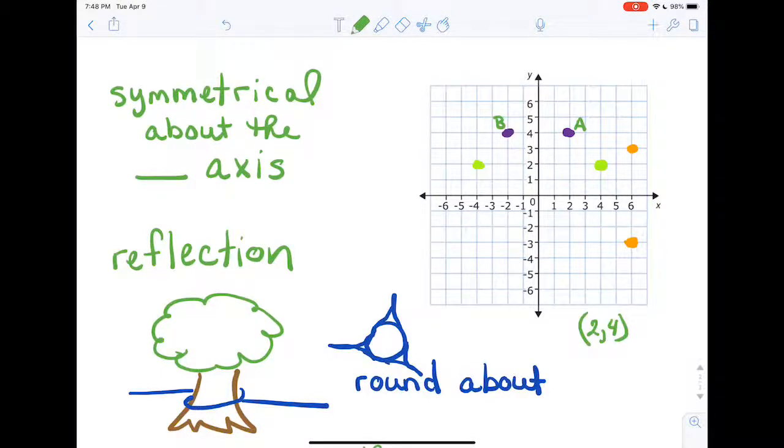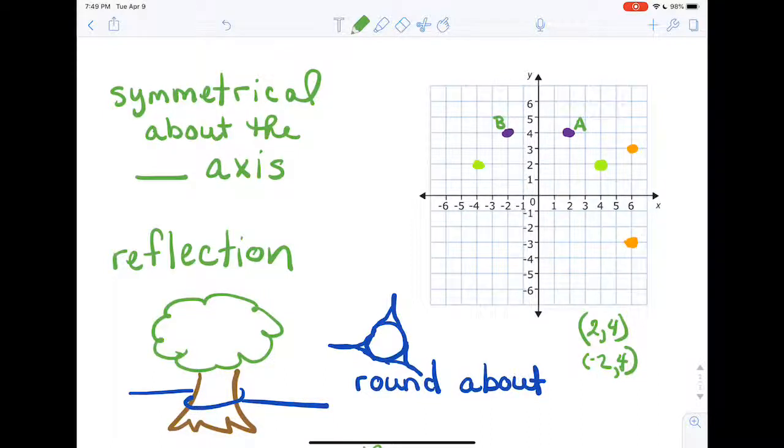Point B is at the coordinates -2, 4. Now we have a special way of talking about these. B is a reflection of A, or A is a reflection of B. And we can describe it another way. We can say that they're symmetrical about the y-axis. Let's talk about what that means.